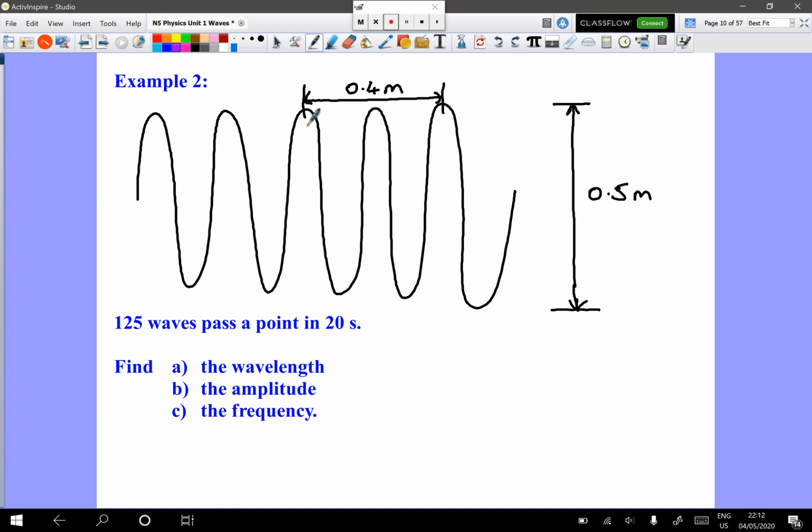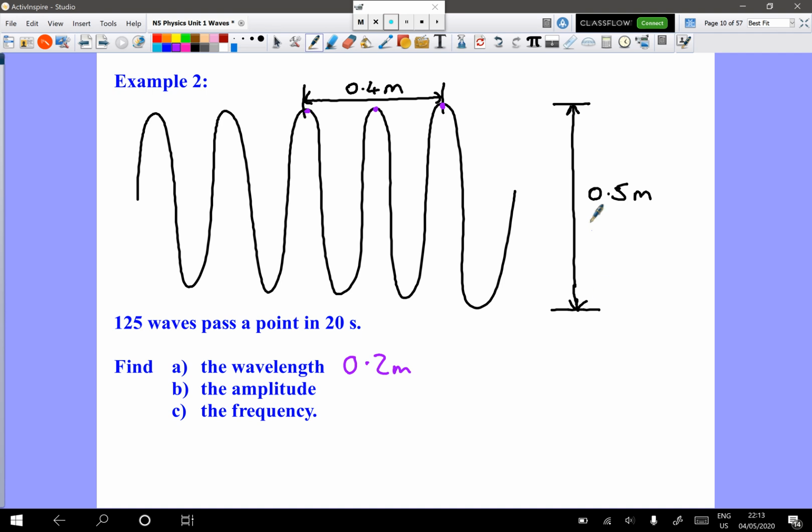Remember that as well as counting a crest and a trough as one wave, we can also count from crest to crest or from trough to trough. It's easiest to count from crest to crest here. So this is the crest here, that's one wave, and then that's 2 waves. So we've got 2 waves in a distance of 0.4 meters. So much like the previous example there, we can divide that by 2 to get what our wavelength is. So that's 0.2 meters for the wavelength.